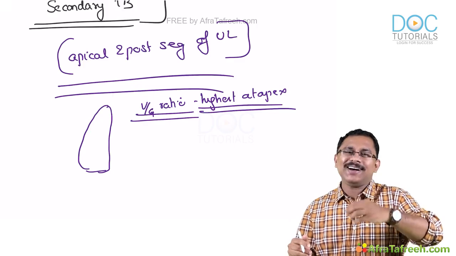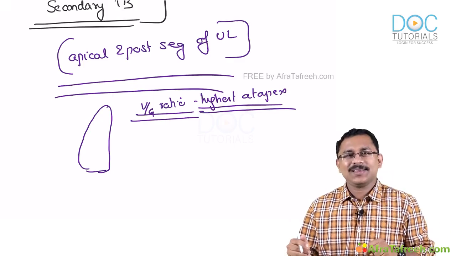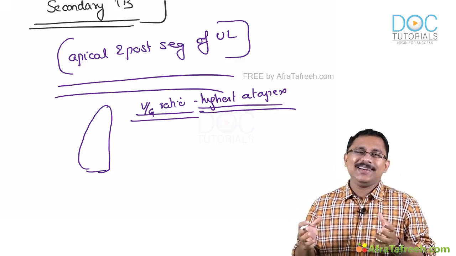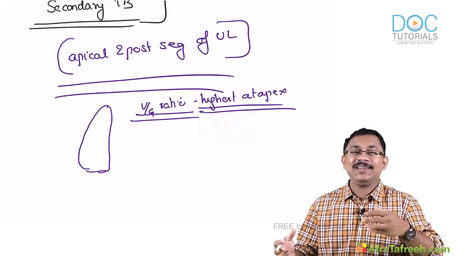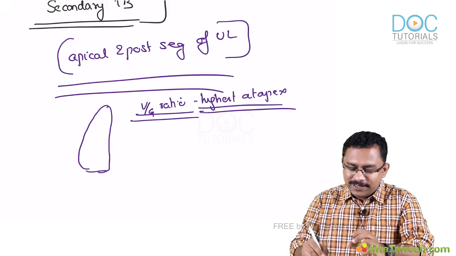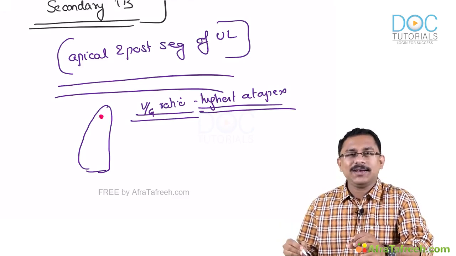And because you have a high V by Q ratio at the lung apex, the bacilli is likely to produce a secondary reactivation or a secondary TB in the lung apex. So the lung apex is the favored site of a secondary TB, very important.